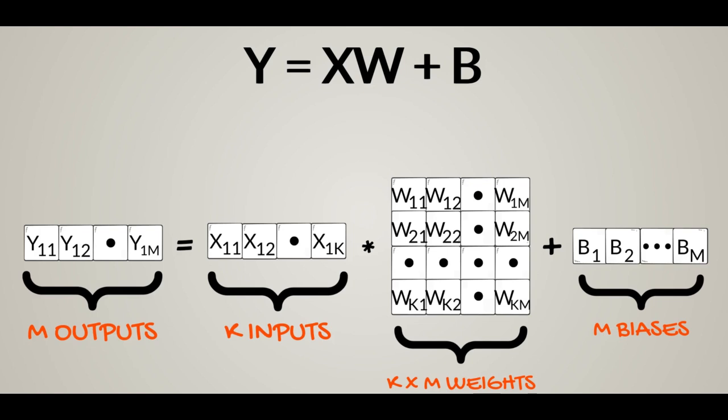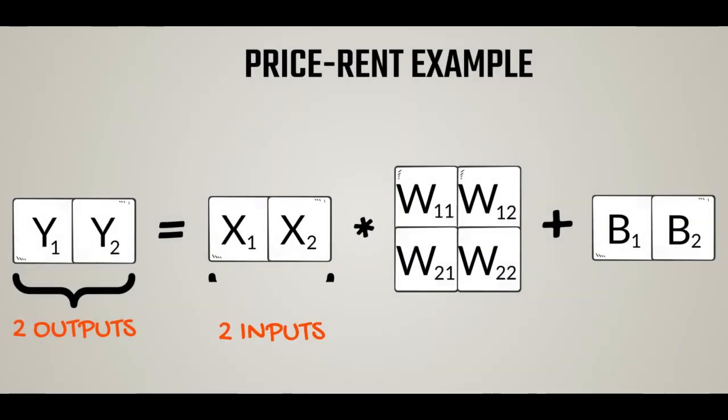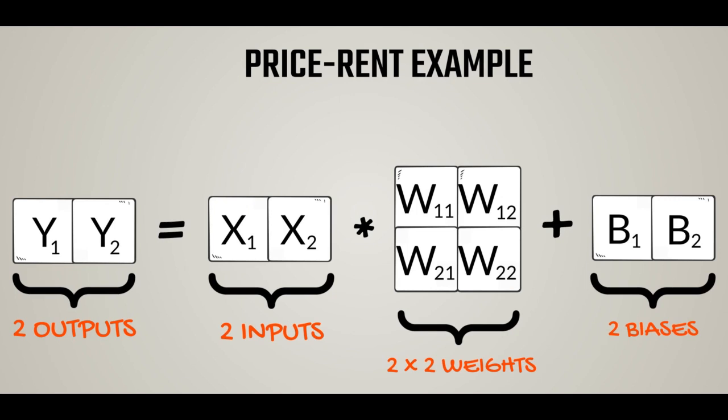Let's see this in linear algebraic terms. Y equals x times w plus b. Two outputs, two inputs, four weights, and two biases. Let the weights for the apartment price be equal to 403.77 and minus 15,512 as before.